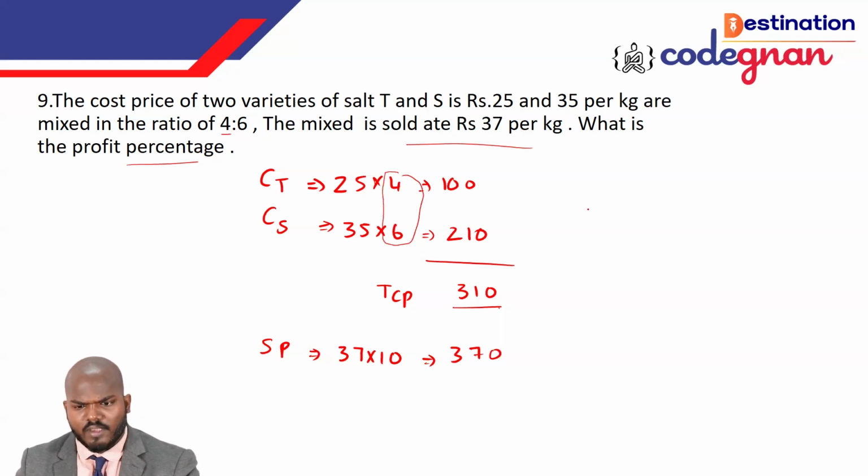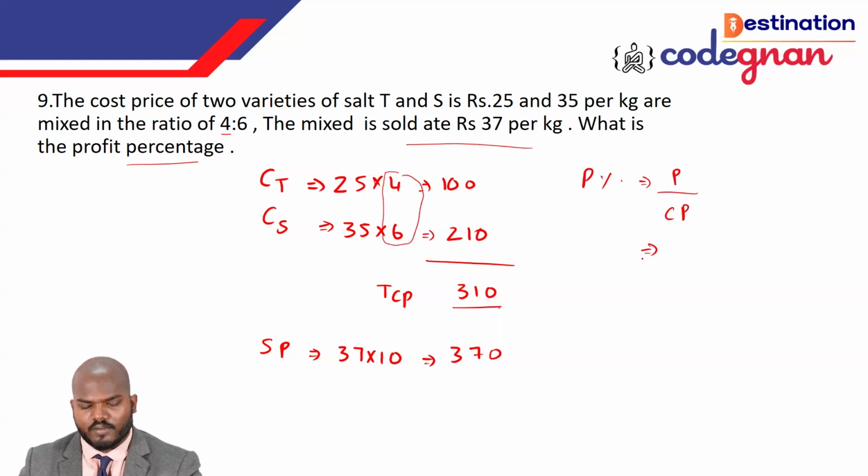So you can use the very basic formula. Profit percentage is equal to profit by cost price, we can apply here. So profit is equal to what? That is 60 rupees. That is selling price minus cost price, that is 370 minus 310, by cost price which is 310 rupees. That will give you 60 by 310, the 0 gets cancelled.